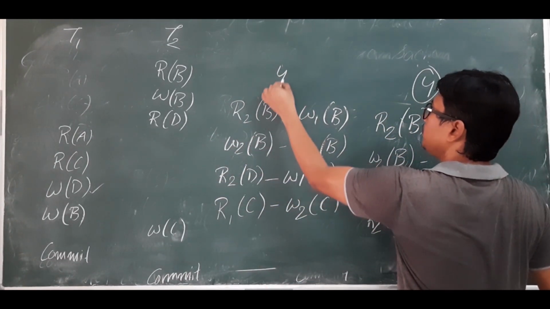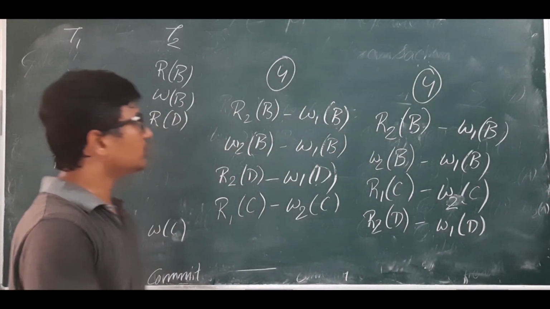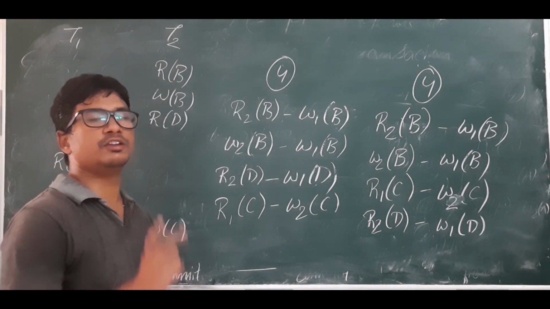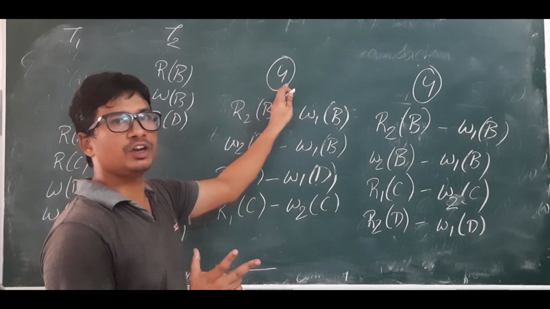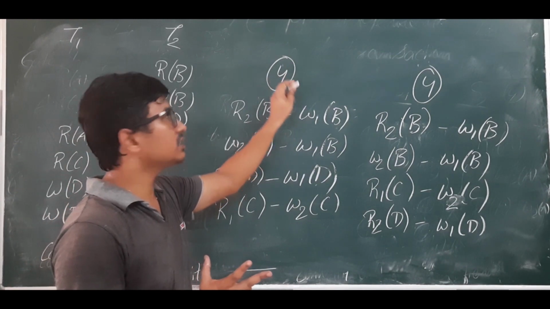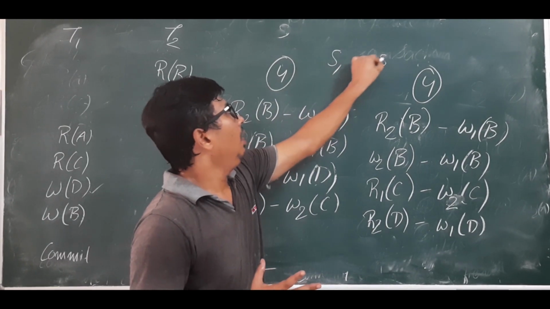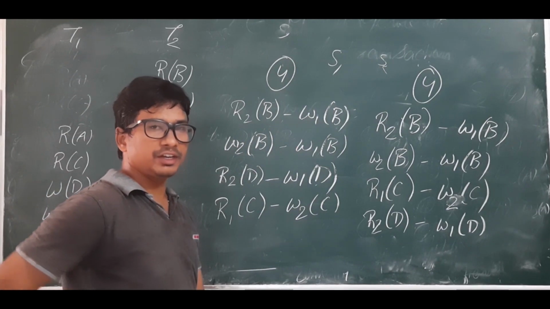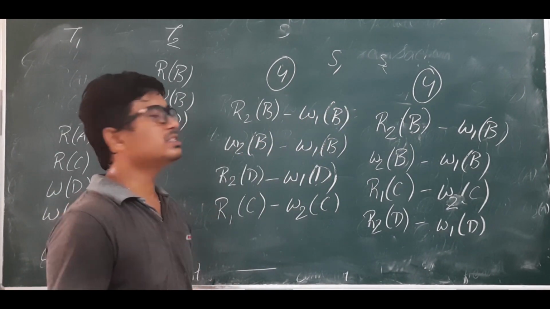In option B, we found that there are 4 conflict operations, and in the given question also there are 4 conflict operations. So we can say that the first condition is satisfied. What is the first condition? If the two schedules, schedule S1 and schedule S2, are conflict equivalent, the number of conflict operations in both the schedules should be the same.